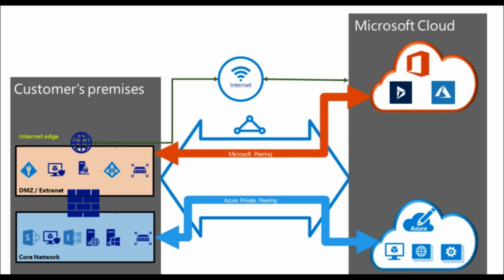And that'll run out to a DMZ or an external network in order to connect to Microsoft. But for private peering, when you've got VPNs and virtual networks and virtual machines and databases running within, that's over a private peer, and that'll connect your devices themselves and the networks themselves privately, not over the DMZ.